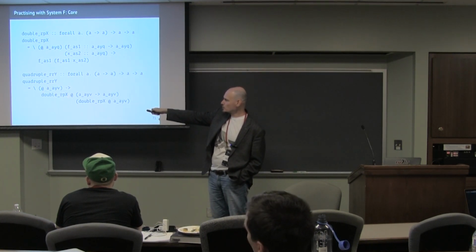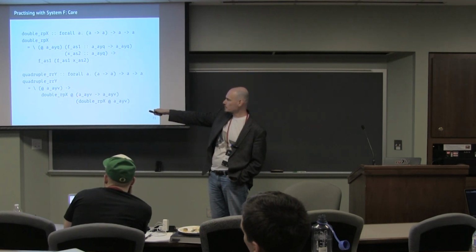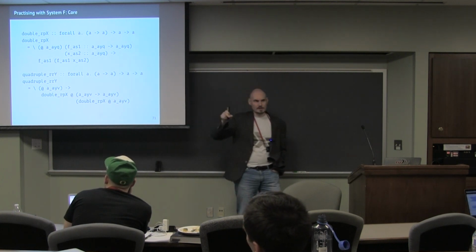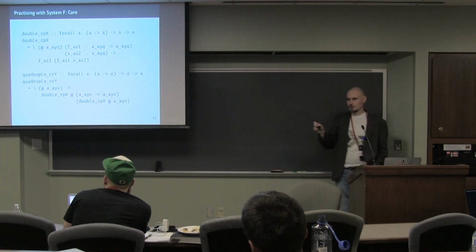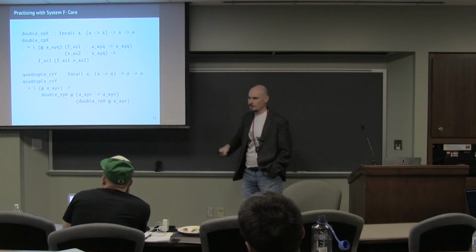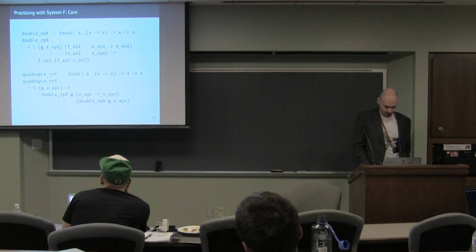And here we have 2 doubles. The first double is run with this type, and another double is with this type. So it's basically the same thing. These are System F terms, which were provided to us by the GHC compiler. So it's exactly the same.